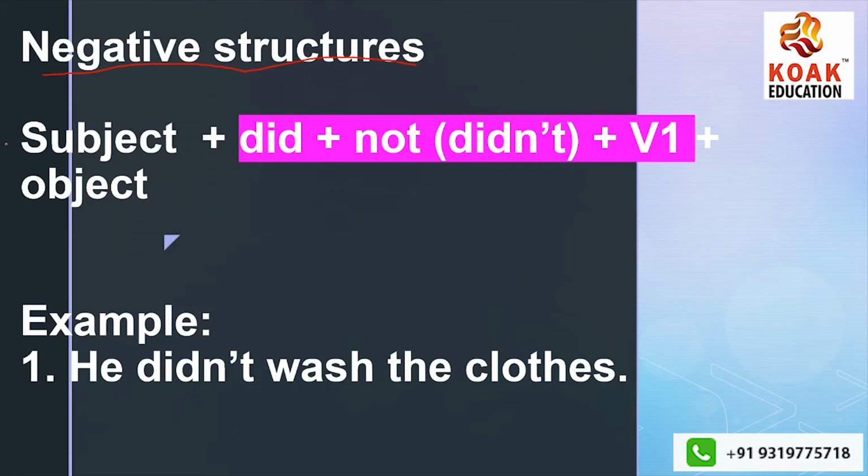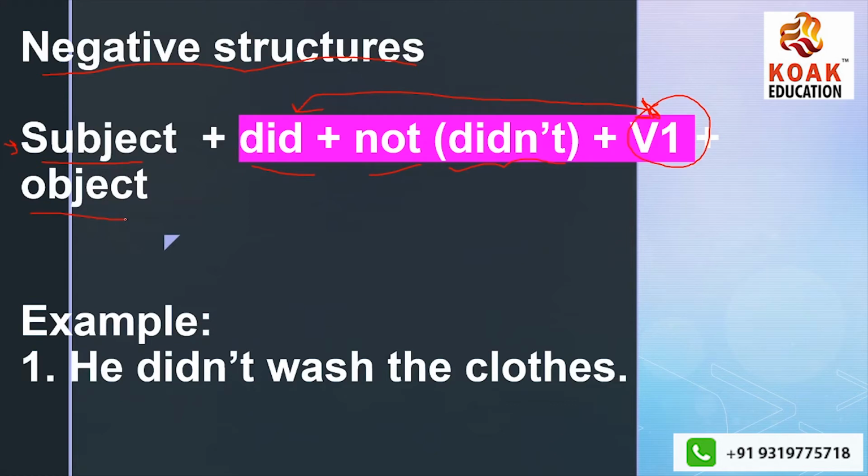Here, the structure says subject plus verb second form is gone. Now you have to use did not, which can be didn't, and the verb's first form, because with did we cannot use any other form of verb. With did, we use the first form of verb. And then comes your object.